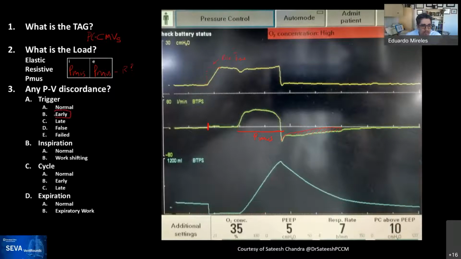And this week on Twitter, I got in late on it, but there was a large amount of discussion about what was an early trigger, if it was the reflex of the patient when the pressure goes in and the volume goes in, or if it's entrainment, which one is which.